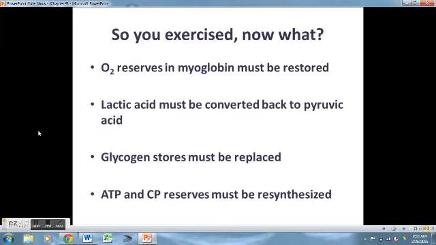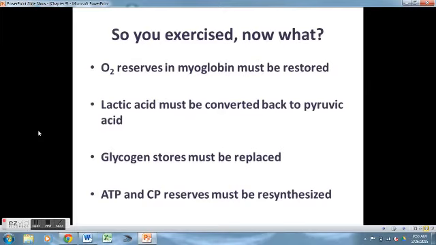So the first one is we owe our body some oxygen, because when we start exercising and our body starts doing aerobic cellular respiration, the very first oxygen it's going to use up is that oxygen that's stored to your myoglobin, right? So it's going to use that up, and then it's going to start taking more oxygen out of your blood, because by that point you started breathing harder. So we owe our myoglobin some oxygen. We got to put that back.